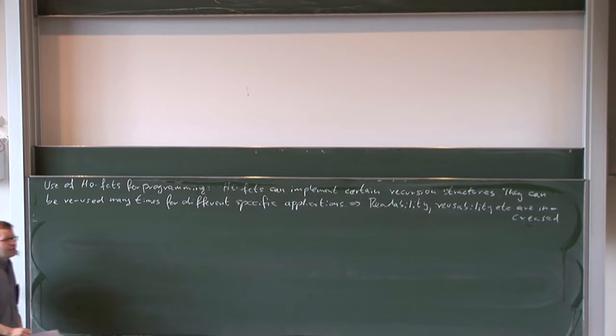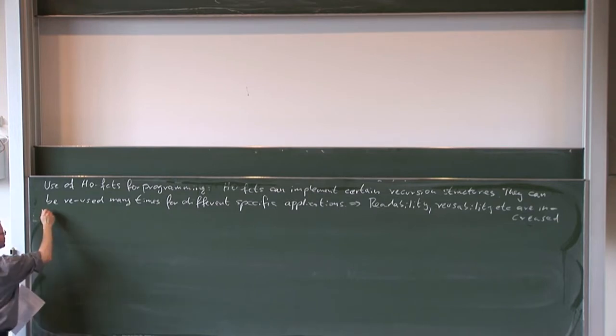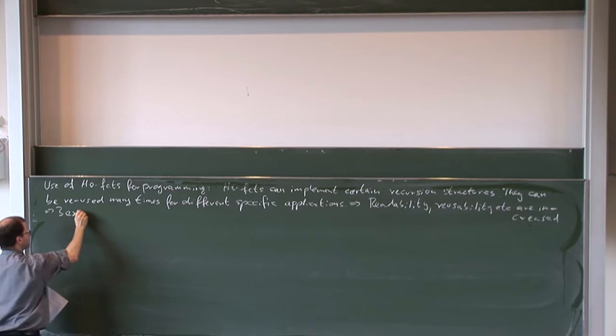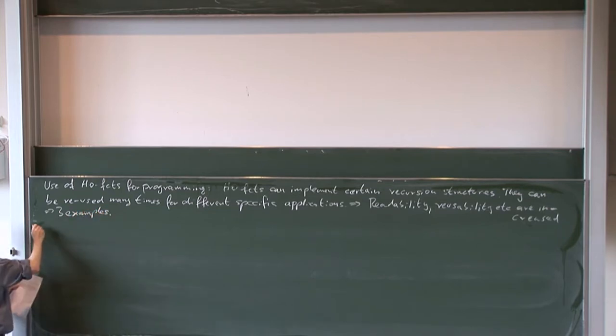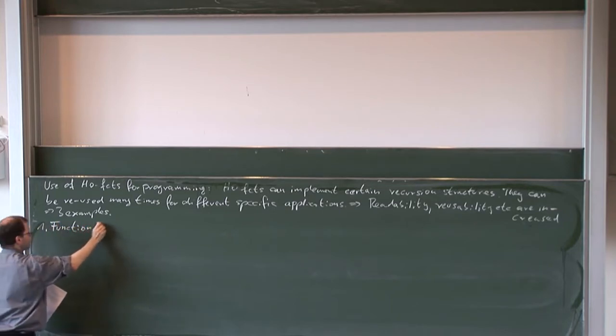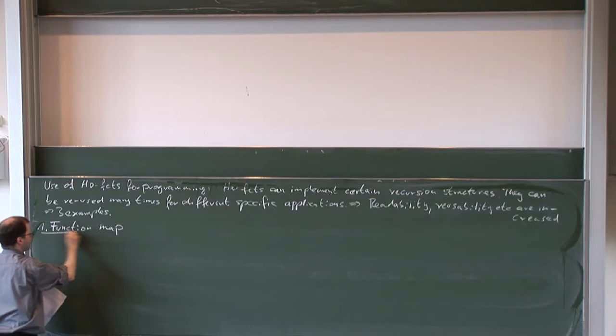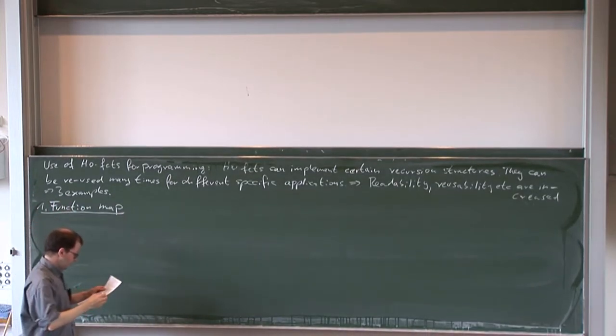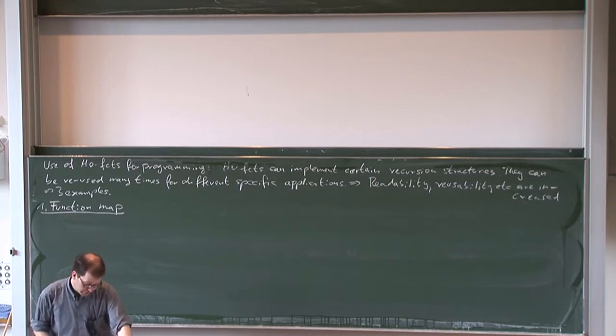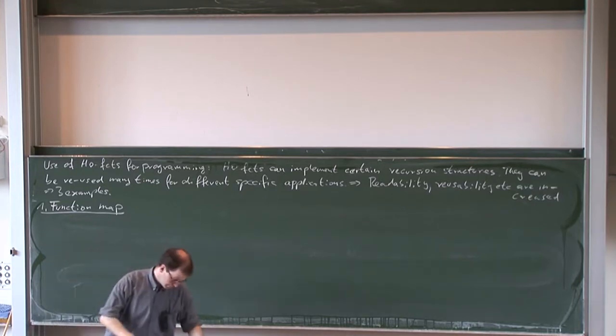And the first and simplest of these higher order functions which implements a certain type of algorithm is the function map. So I will give you 3 examples. And the first example is the function map. Now to motivate this, let's look at the following example.